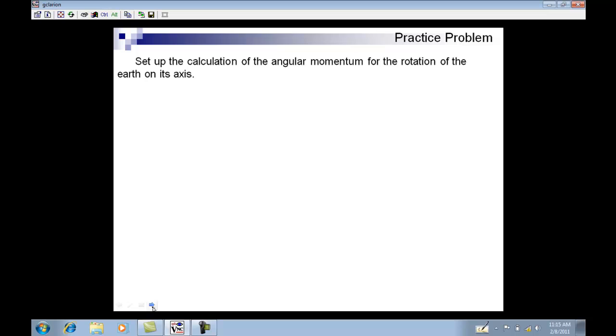Make sure you keep the two equations separate. Remember, for a point particle, L is equal to r cross p. For a solid object, it's I omega.